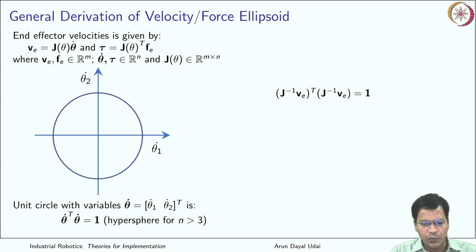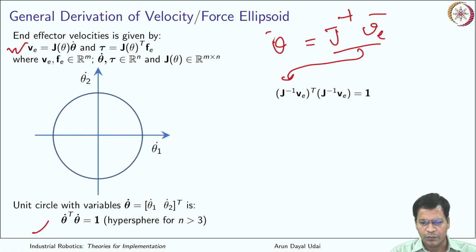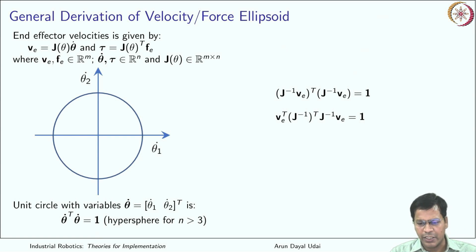So if you substitute this over here, you have just written theta dot is equal to J inverse of end effector velocity, all are vectors. Got it? So I substitute that here and here as well. So I get this. Moving further, this can be written as this.